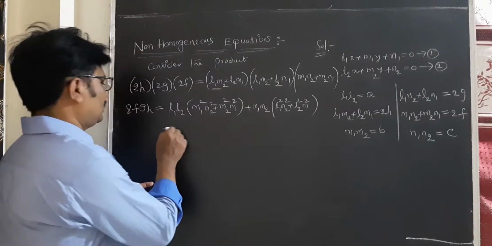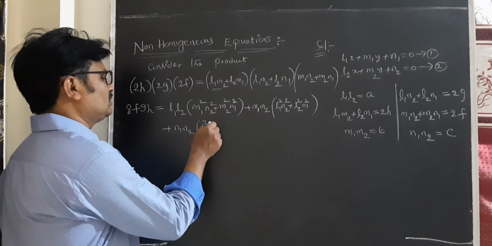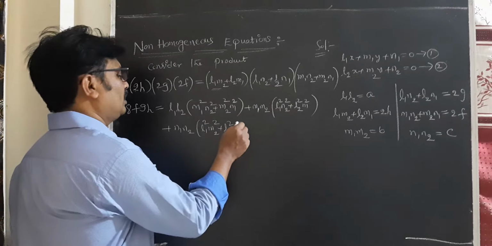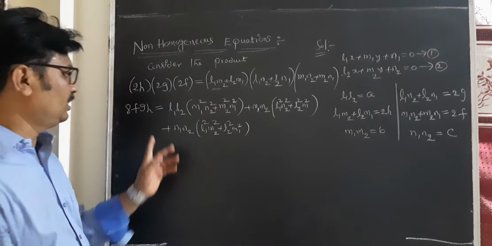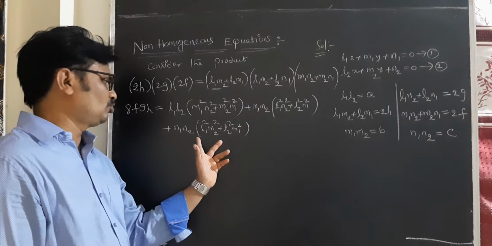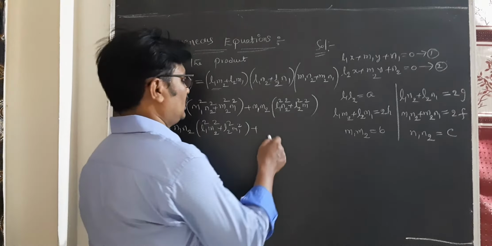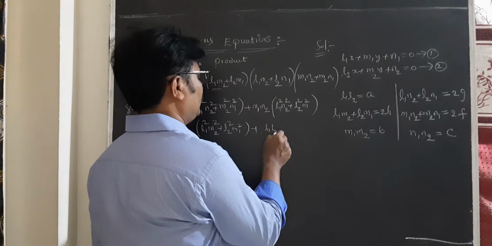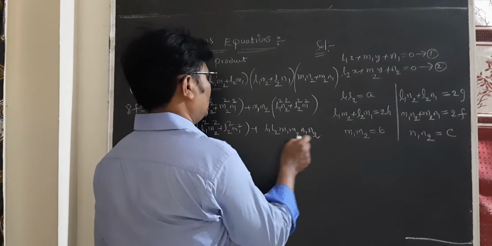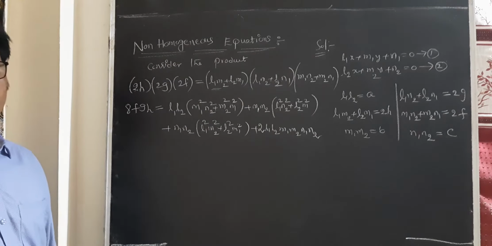Then taking N1 N2, undoubtedly students, L1 square M2 square plus L2 square M1 square. We observe here, these are the terms, after product we got 6 terms, and the remaining terms are L1 L2 M1 M2 N1 N2. We are getting 2 times, total 8 terms.